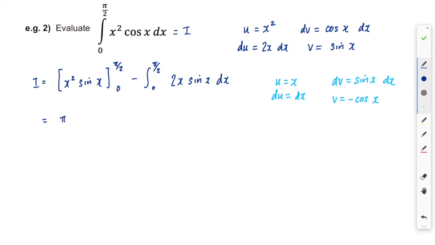So this is pi squared over 4 sine pi over 2. Sine pi over 2 is 1, minus 0, so it really simplifies to pi squared over 4 minus 2. I'm going to separate the 2 to make it easier to look at. I will write one more line.